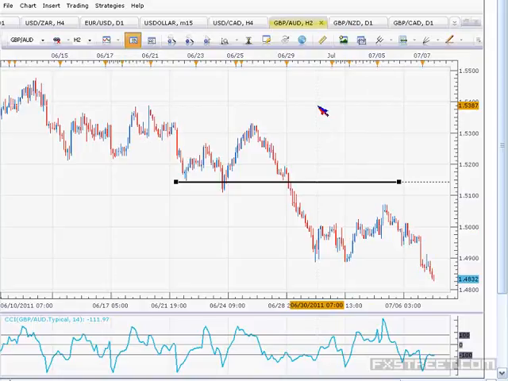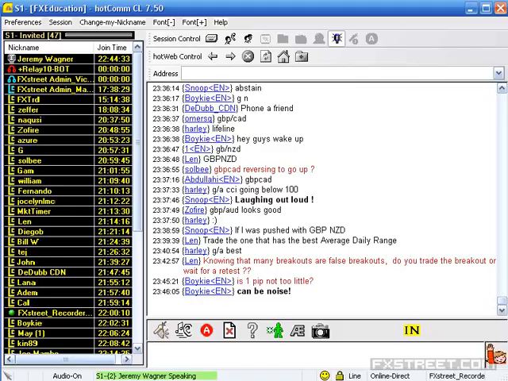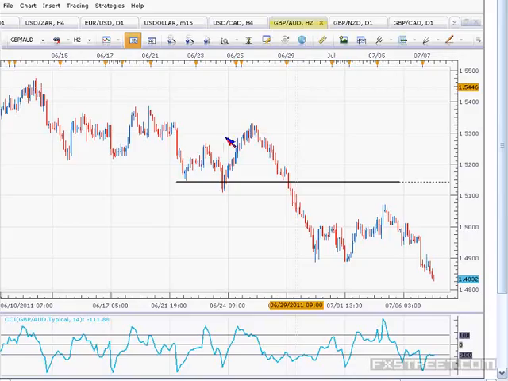So on the pound Aussie, does anybody know when the last time we've seen prices at the 148 level was? It's been a very long time. It was a 30-year breakout here, gosh, several months ago. So let me go out to a daily chart.